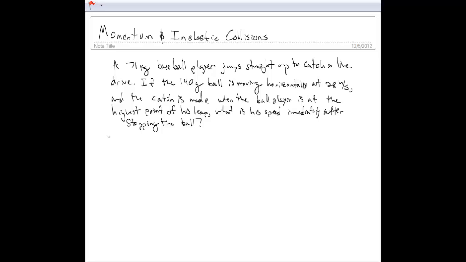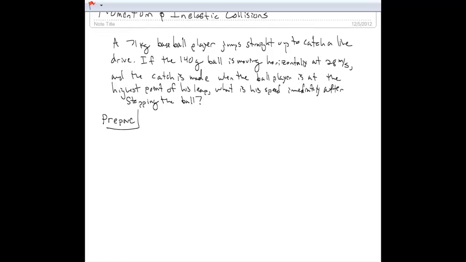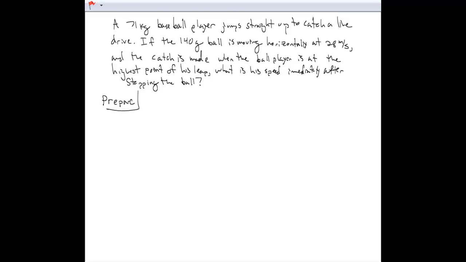So what we want to do, as with any of these types of problems, is first draw a picture. With momentum problems, we're going to want to draw a before picture and an after picture. My before picture will look something like this: I have a baseball player up in the air, and there's a baseball moving to the left.